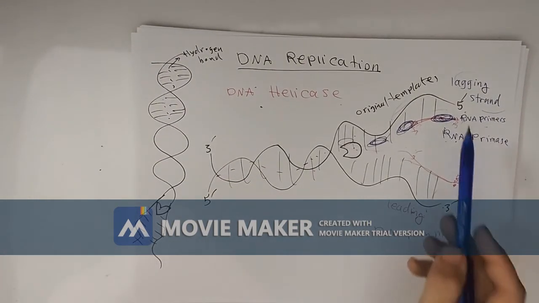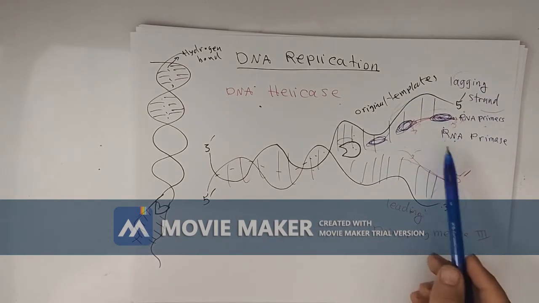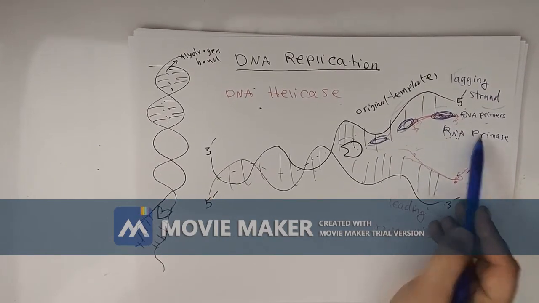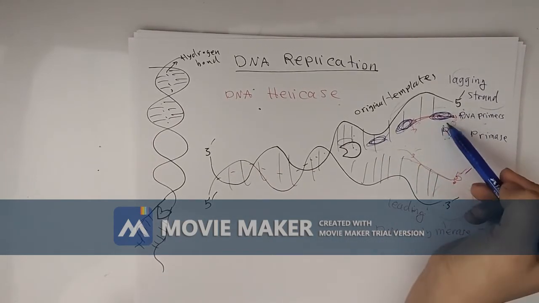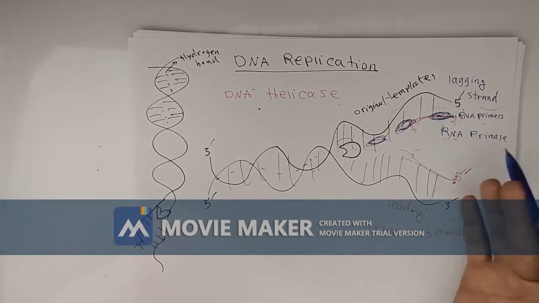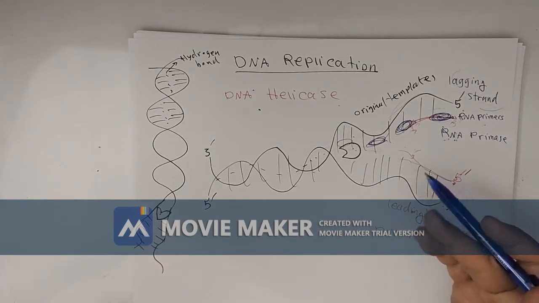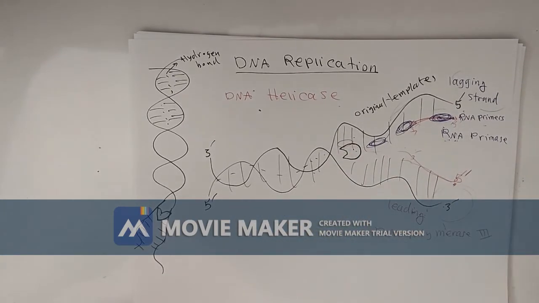After that, DNA polymerase comes and attaches to the RNA primers, the ones made by the RNA primase, and starts replication in the direction that it actually works, from 5' to 3'. Once the job is done, it detaches itself from the template and leaves.